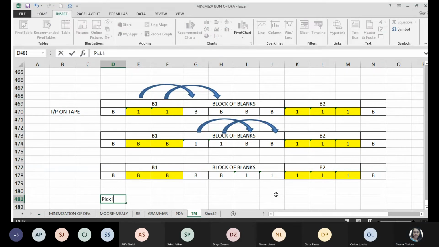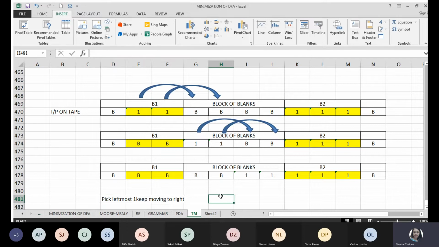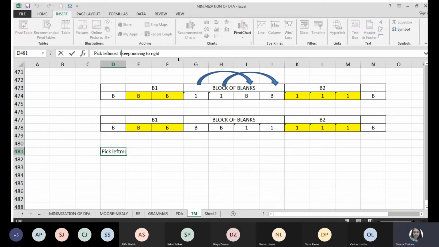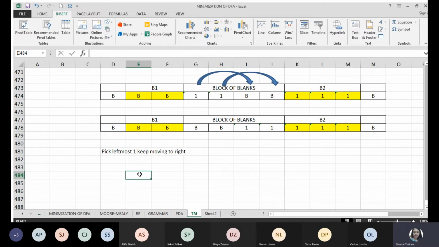Pick the leftmost one, keep moving to right. When you say pick leftmost one, after picking that one, what is left in this cell? Blank.